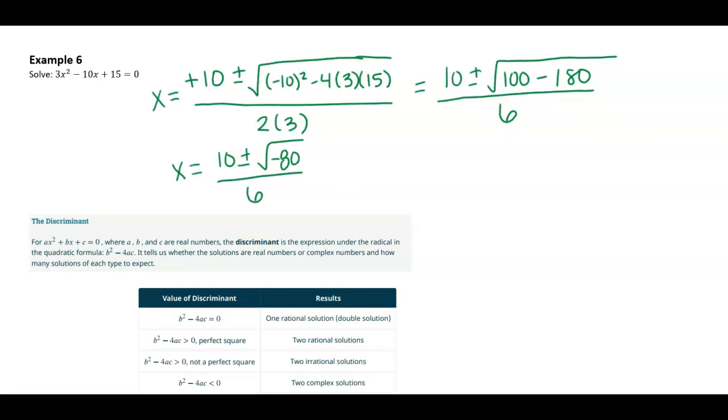And let's think about how I might be able to simplify negative 80 and find some perfect squares. I know that 80 is 4 times 20, and 20 is 4 times 5. Therefore, I could rewrite this inside piece as negative 1 times 4 squared times 5.